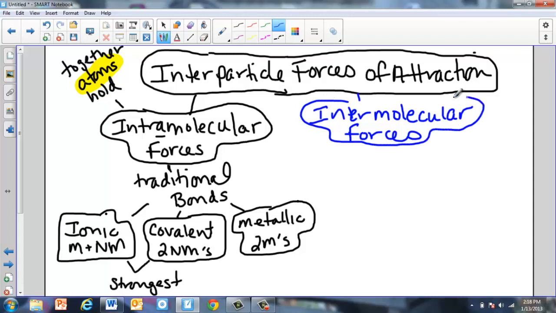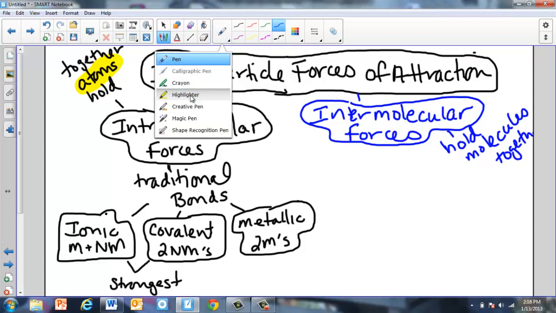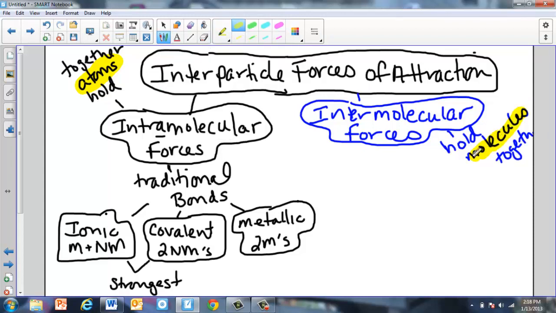And if over here we held atoms together, these are going to hold molecules together. I'm going to just abbreviate that there. Okay, so big major difference between the two sides of this concept map is that these hold atoms together, these hold molecules together, and that's really the big take-home message on this. And we should be able to describe all of them.